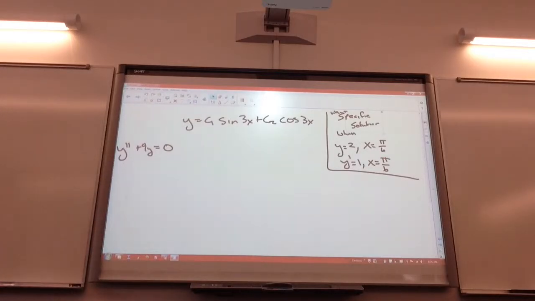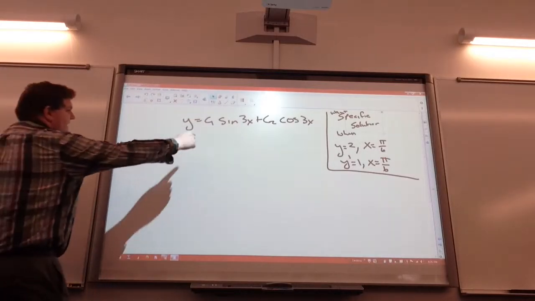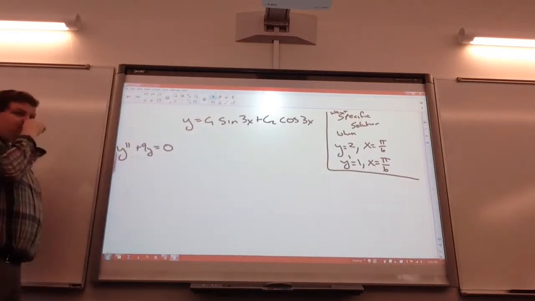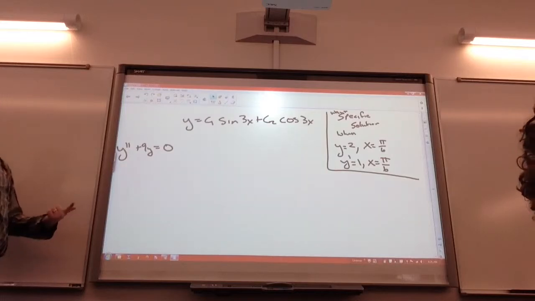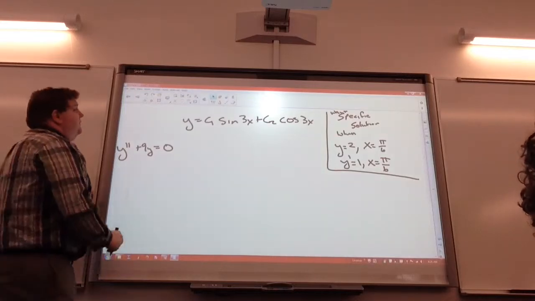But the very first thing we have to do is verify that this indeed is a solution to this. So the first thing I need to do is take the first derivative and the second derivative. What's my first derivative going to be?